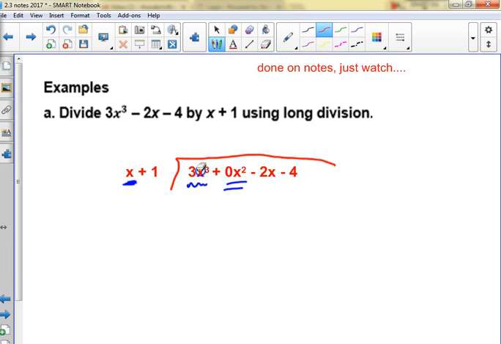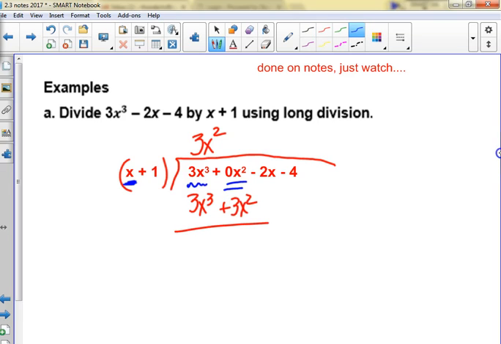X times what becomes exactly 3x cubed? 3x squared. So now I'm going to multiply this 3x squared times this x and get 3x cubed. I'm going to multiply this 3x squared times the 1, so I'm basically distributing, and I get plus 3x squared.